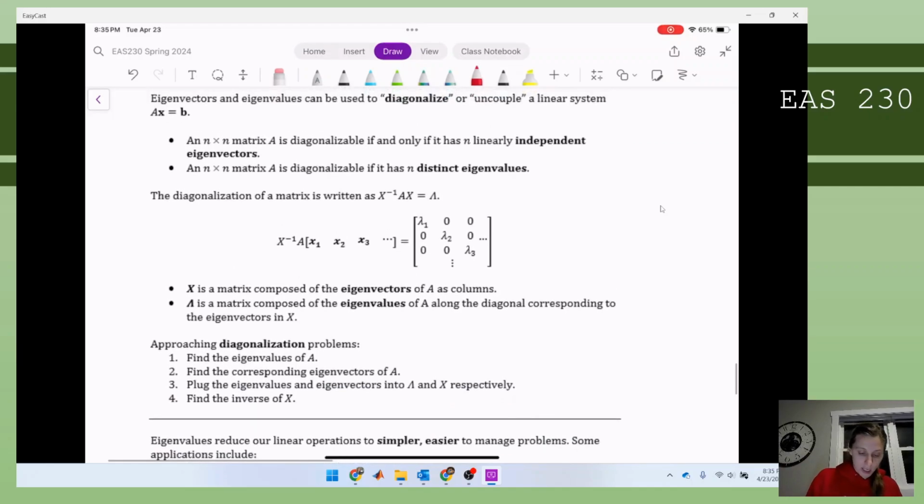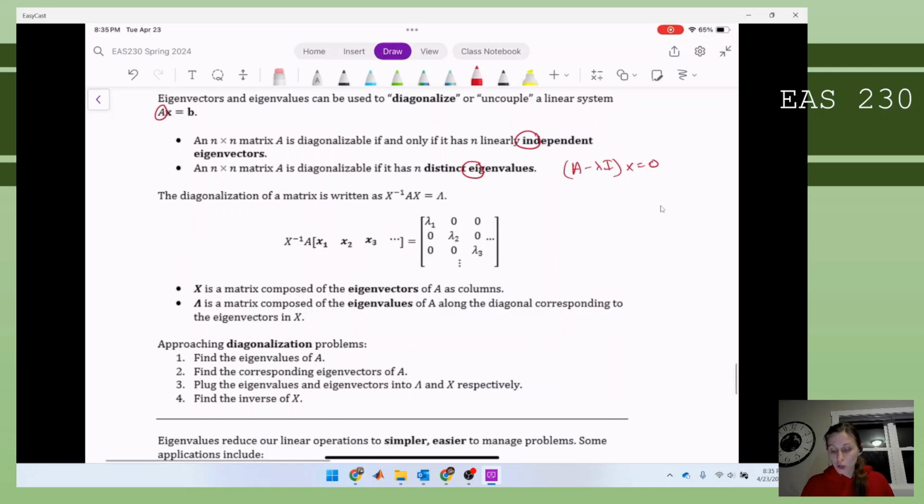The matrix A is diagonalizable if and only if it has n linearly independent eigenvectors. And it turns out my eigenvectors are independent when I have distinct eigenvalues, because when I have distinct eigenvalues, my eigenvectors are all unique. They're all different. If I had repeating eigenvalues, then A minus lambda I x equals 0 looks the same if two of my eigenvalues are the same.